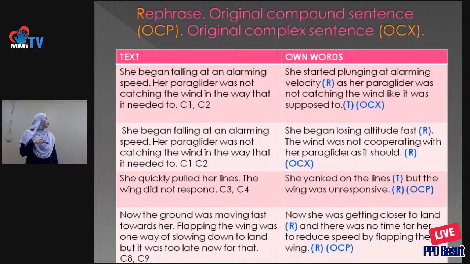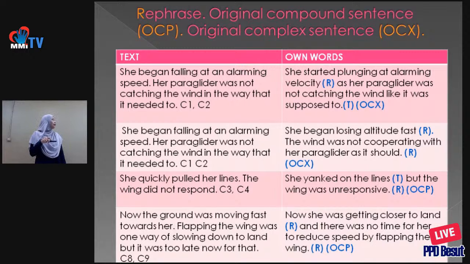Flapping the wing was one way of slowing down to land. And then, your own word is, example lah kan. Okay, now she was getting closer to land. Okay, nampak? The ground was moving fast towards her. Okay, dia rephrase jadi she was getting closer to land. And disambung and. Nampak tadi? Saya cakap OCP kan, compound. Okay, compound kita gabung, dia gabung dengan and.